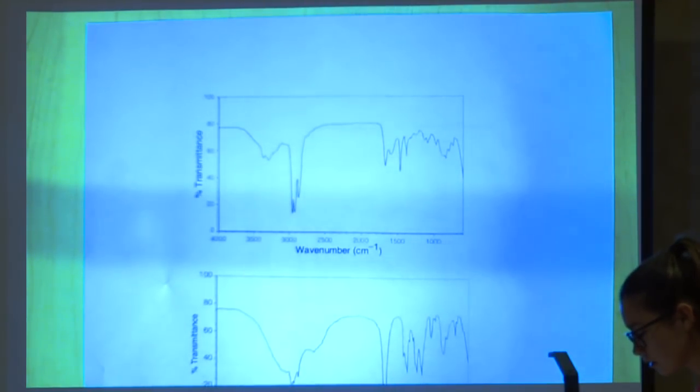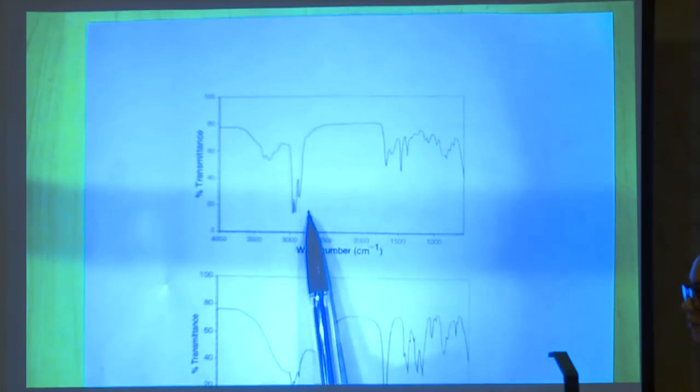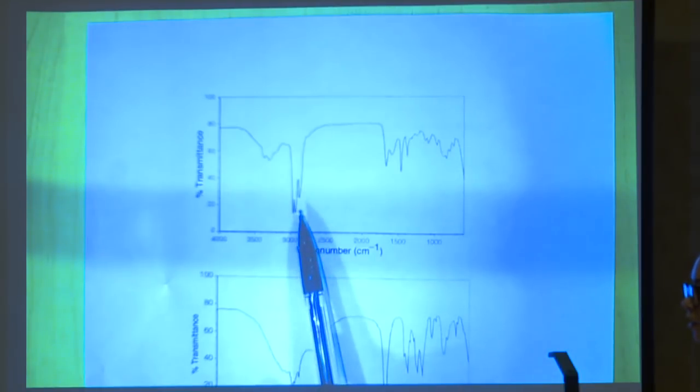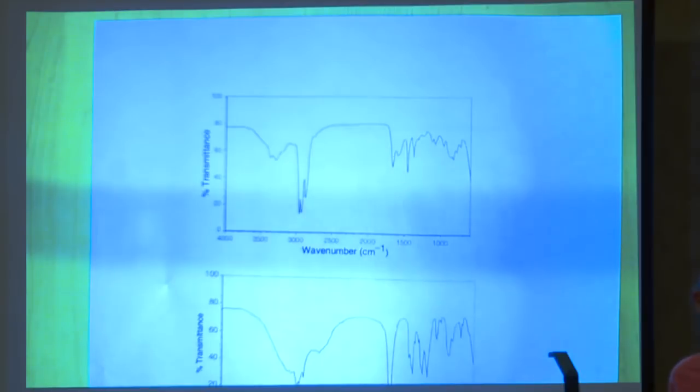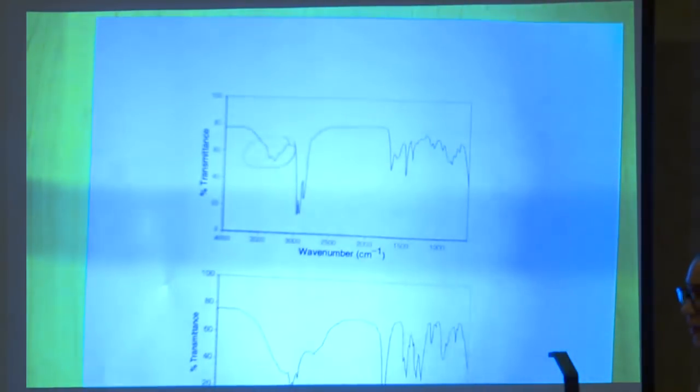The what? What is this? This one here. Yeah, so that's CSP3H. Does that tell us anything? No, right? Because basically everything that we work with has that. So what's our peak of interest? This one. And that tells us what?